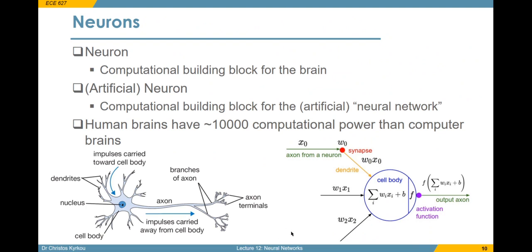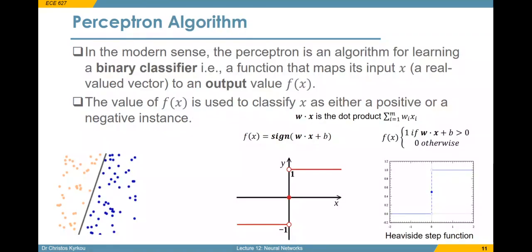In any case, the perceptron, as I said at the beginning, is basically a linear classifier. So typically, it can be used to discriminate between two classes. It tries to find the separating line that will divide the two classes, and that line is found by adjusting its weights.